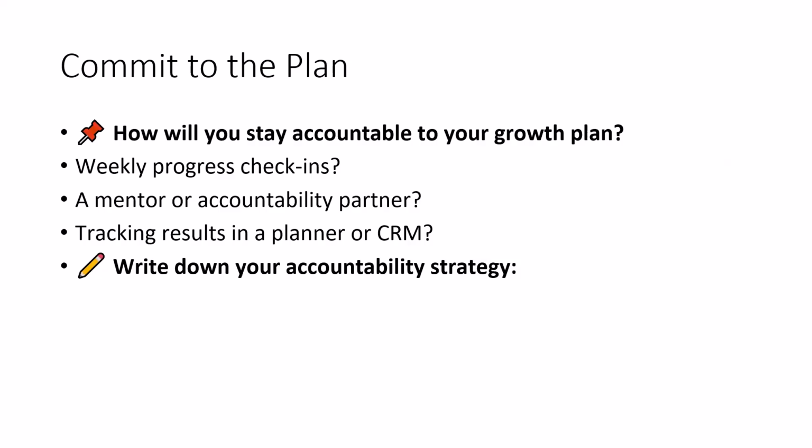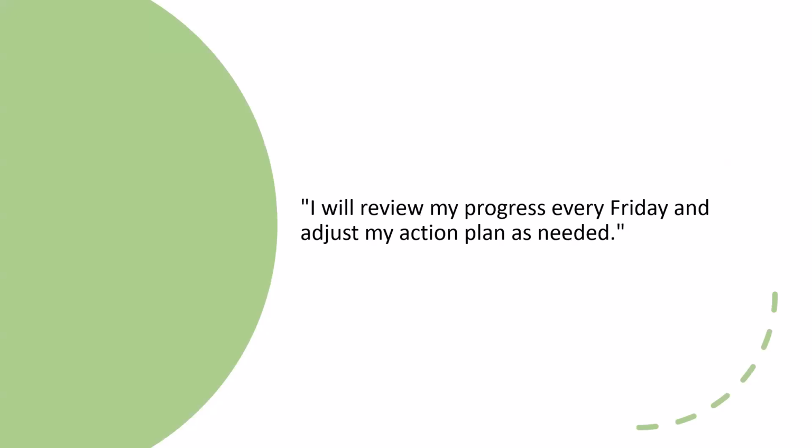Track your results and put them into a planner, put them into a CRM, and then write down your accountability strategy. So having an idea of what that looks like, reviewing your progress every Friday, adjust your action plan as needed. It's kind of like you need to be your own leader. And so leadership begins with you. And so setting that in place.